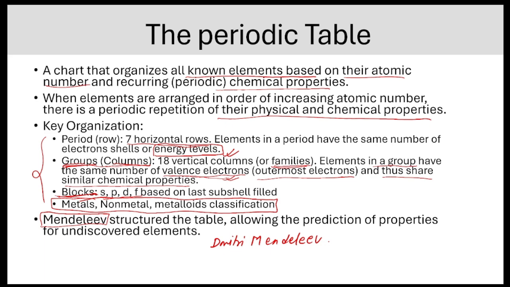And when Mendeleev introduced this periodic table, he was so confident in the periodic law that he left gaps in his table, and he also accurately predicted the properties of elements that had not yet been discovered.